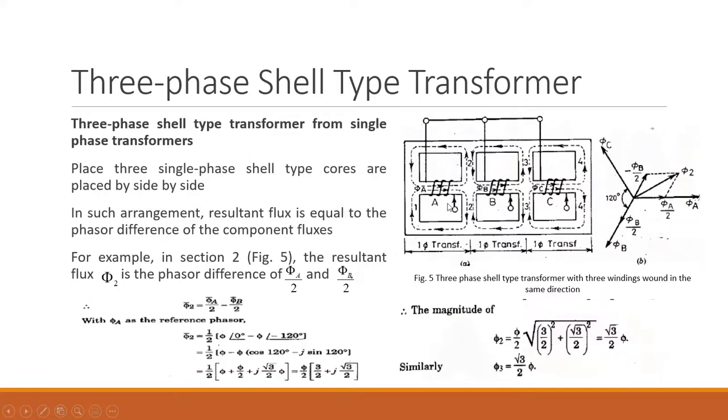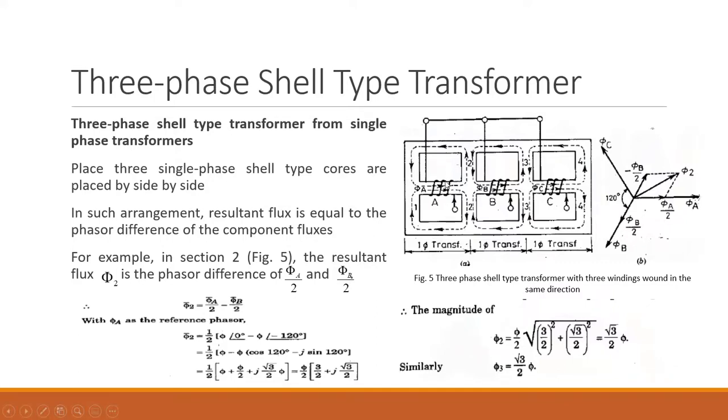You can see in this figure that this is one transformer, this is another transformer, and this is another transformer. So basically the cores of the three transformers are placed side by side.